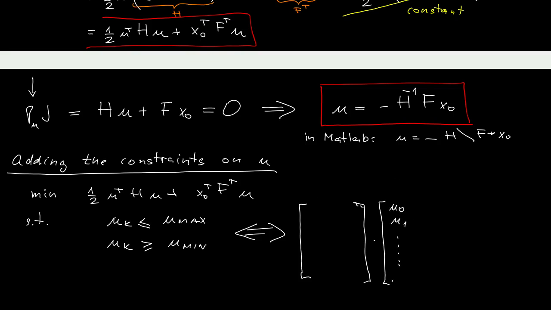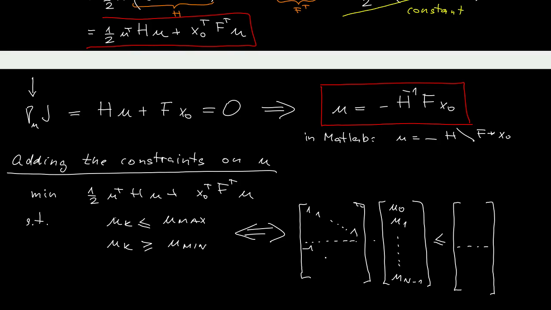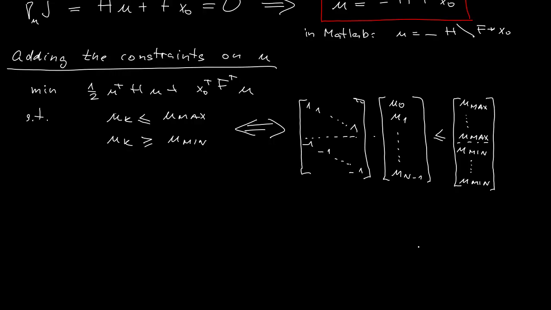So here I will again have the stacked control vector, and then the coefficient matrices will look like this. Again, this is a piece of cake to verify. So clearly this way what we get is quadratic optimization with linear constraints.